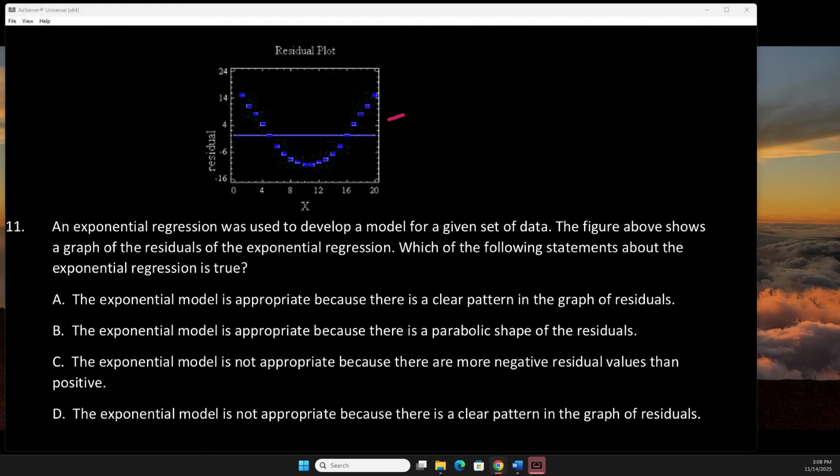This is the residual graph. If the residual graph shows a pattern, like this is a clear pattern, this is not appropriate. Okay, and then it goes through like it was appropriate because there's a pattern, it was not appropriate because there was like different things. The truth is, the exponential model is not appropriate because there is a clear pattern in the residuals.